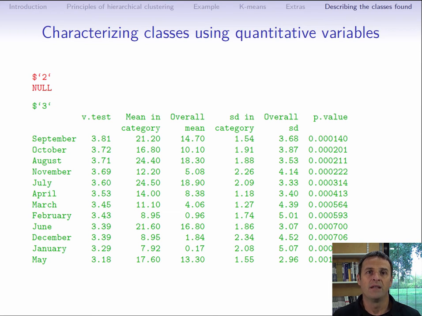The variable that best describes this class is September, with the most extreme test statistic of 3.81. The mean temperature of the third class is 21.2 degrees for September, whereas it's 14.7 for all individuals. This class of cities are where it's hot most of the year.